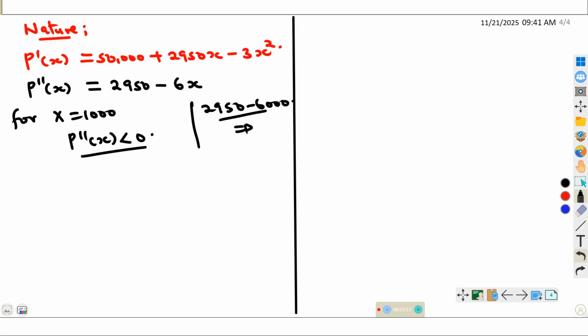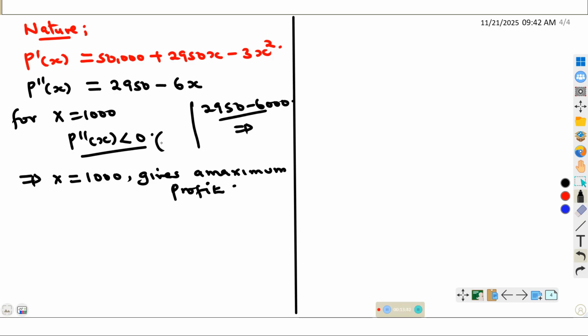So p''(x) is less than 0, and this implies that x equal to 1,000 will give us a maximum value. This one here gives a maximum profit.